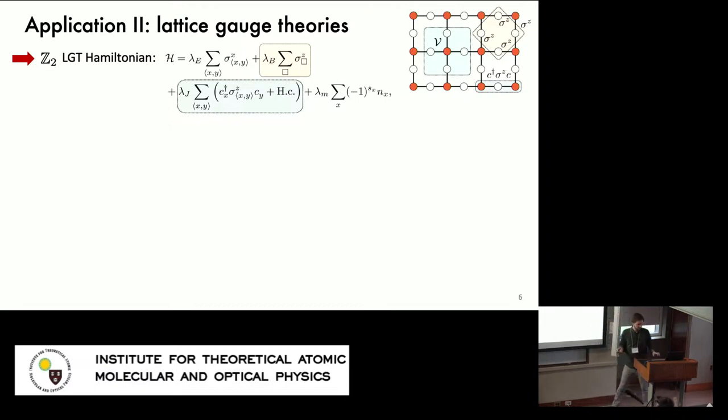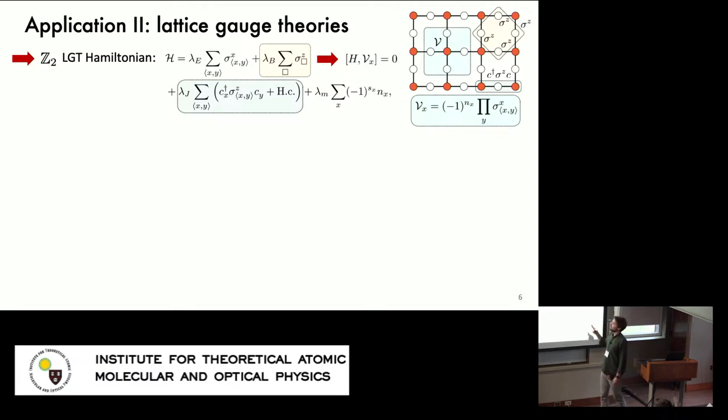What makes this theory a gauge theory is the presence of local symmetries. There are these operators that I call V that look a bit like star operators you might know from the toric code, but in this case they involve not only the 4 qubits surrounding a vertex, but also the fermionic mode in the middle. It's a product of 4 sigma x's and a phase depending on the presence or absence of a fermion in the middle.